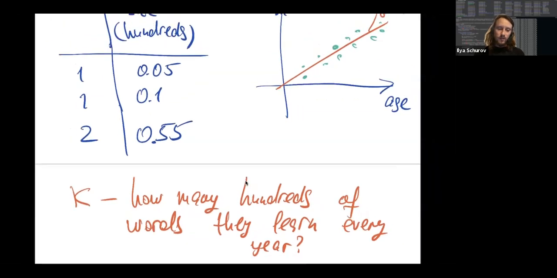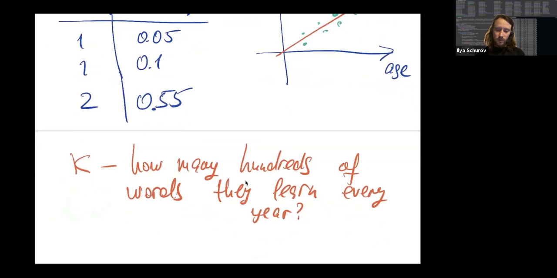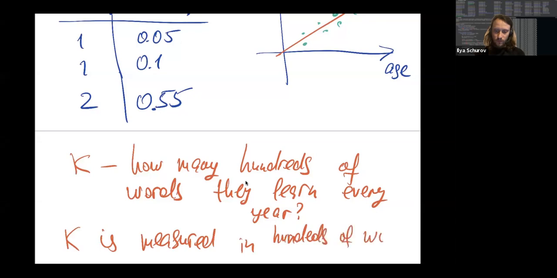So this coefficient that we get from the regression model is not unitless like the correlation coefficient. In fact, this coefficient has some units of measurement. In this case, k is measured in hundreds of words per year.